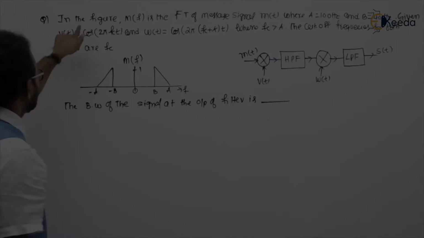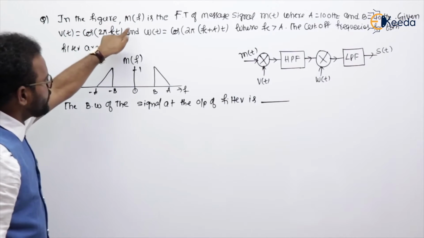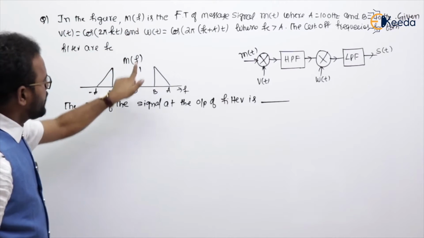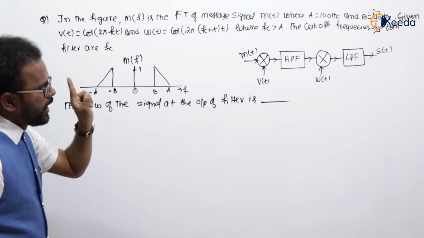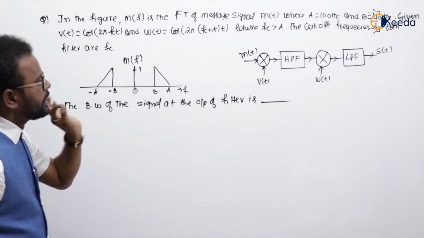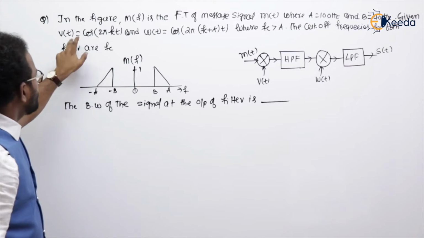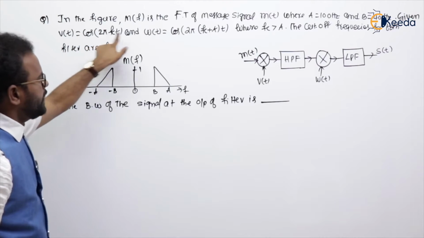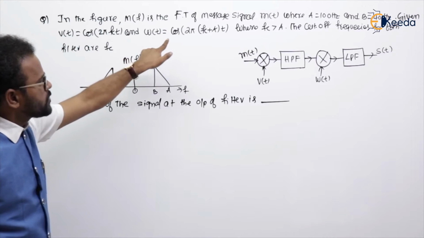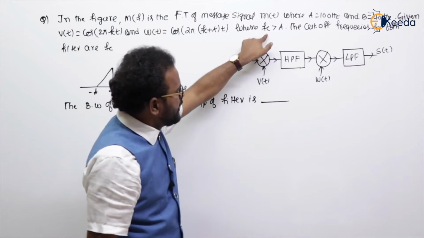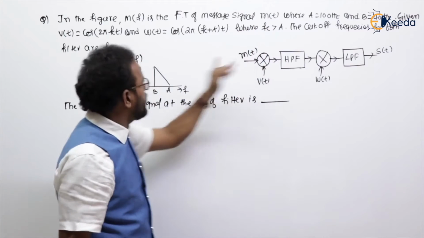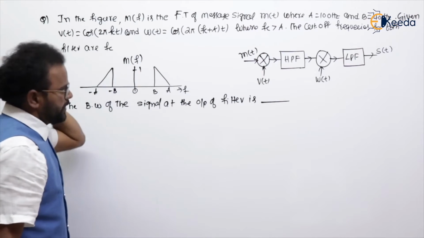Common procedure. In the figure, M of f is the Fourier transform of the message signal m of t, where a is 100 and b is 40. Given v of t equal to cos 2 pi fct and w of t equal to cos 2 pi (fc plus a) t, where fc greater than a, the cutoff frequencies for both filters are fc.